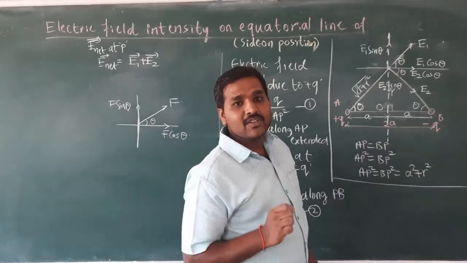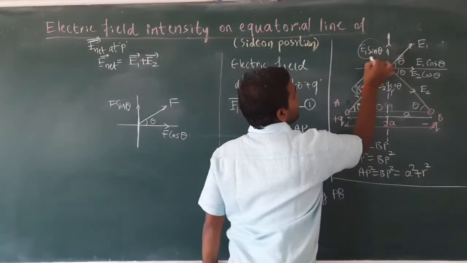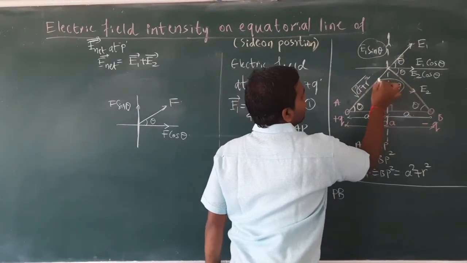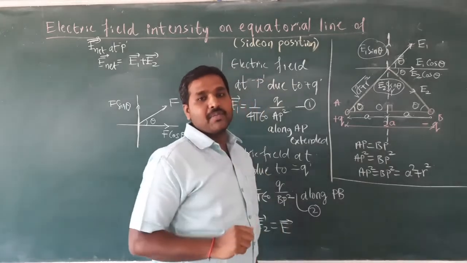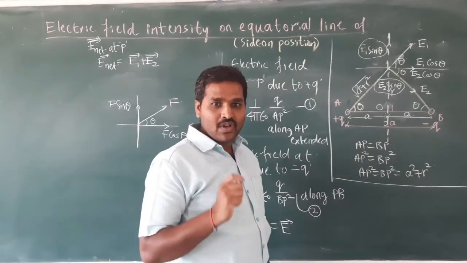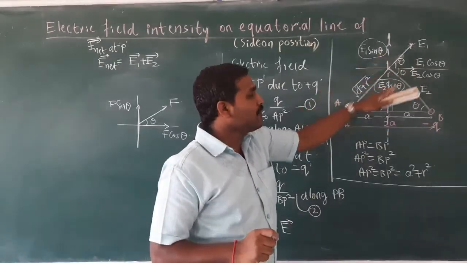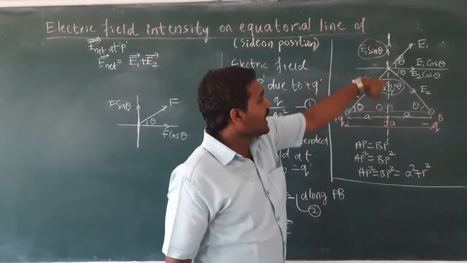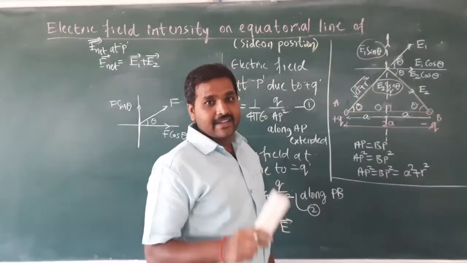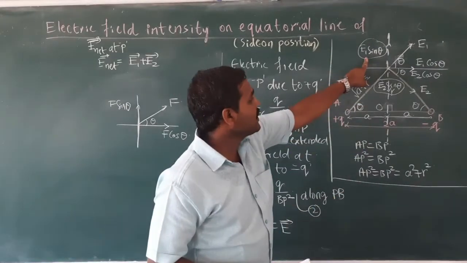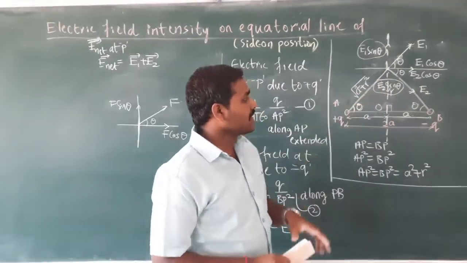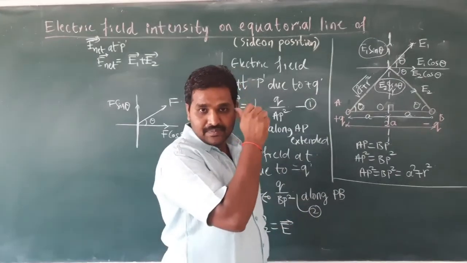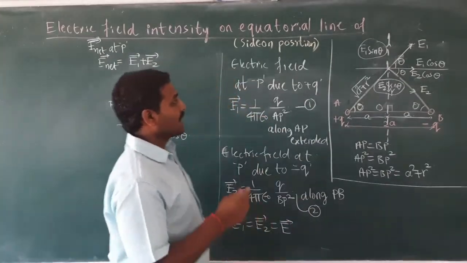Clearly you can observe here that E1 sin theta and E2 sin theta are equal because E1 is equal to E2 and theta is the same for both, and they are also acting in opposite directions and are collinear, and hence E1 sin theta and E2 sin theta cancel each other. So we can neglect them.